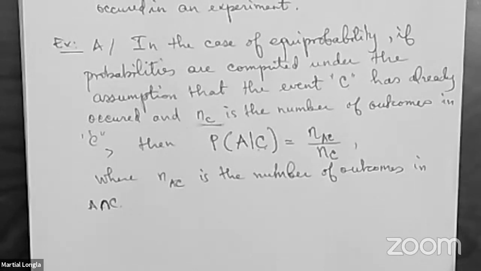In the example of a die that we cast, NC was 3. Given that the number that fell is even, NC is 3 because the even numbers are 2, 4, and 6. 3 of them. And now probability that the number is 2, that means 1 out of the 3 numbers. How many events are actually for 2?